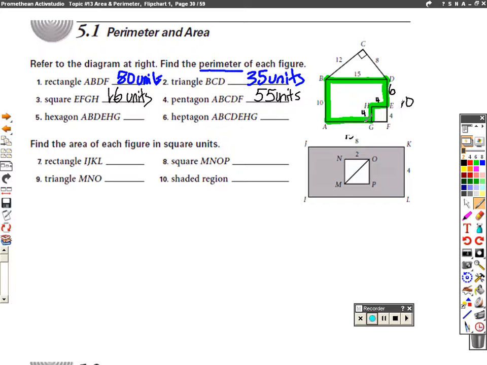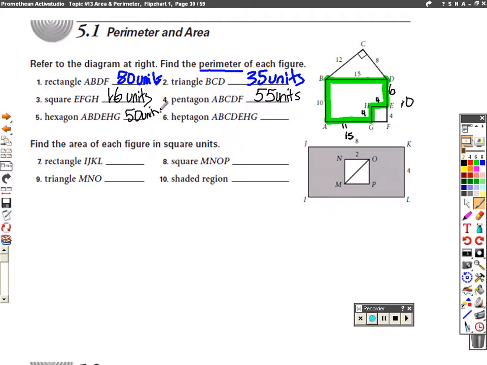And now back, we've got the same kind of deal here. This whole side is 15, and if we take away the 4, that makes this 11. So let's recap. We've got 10, 15 is 25, 31, 35, 39, and then back along 11, that makes 50 units.